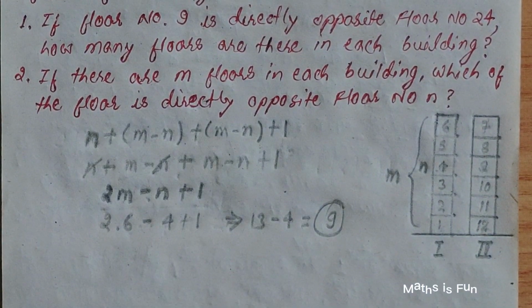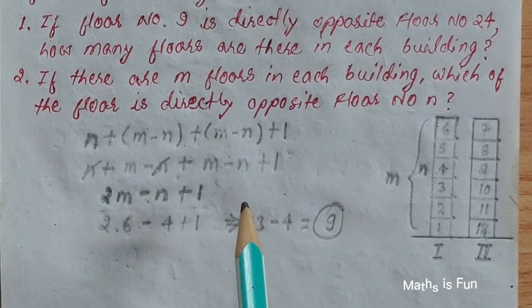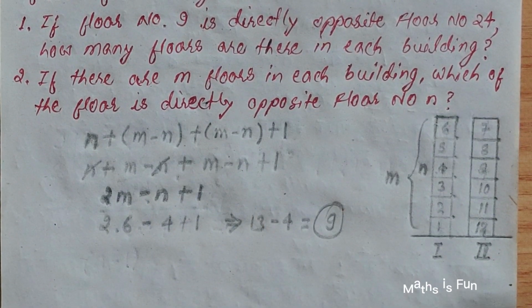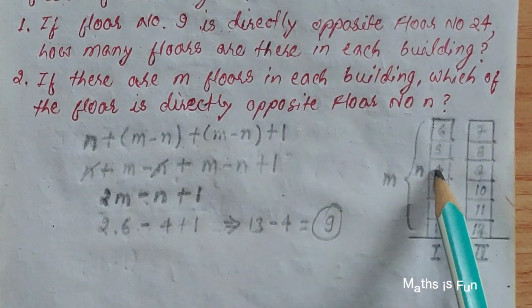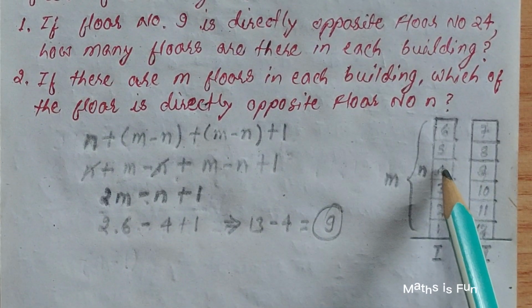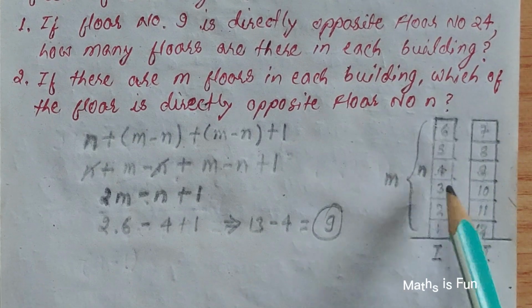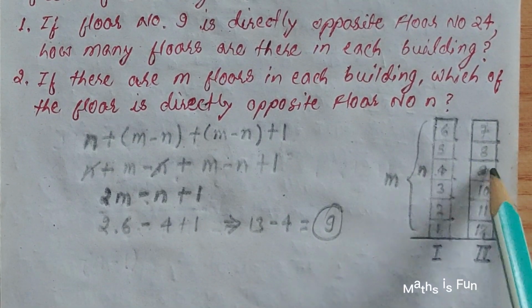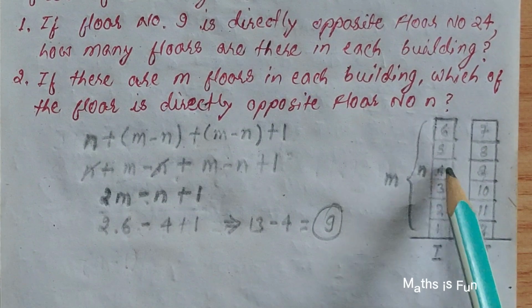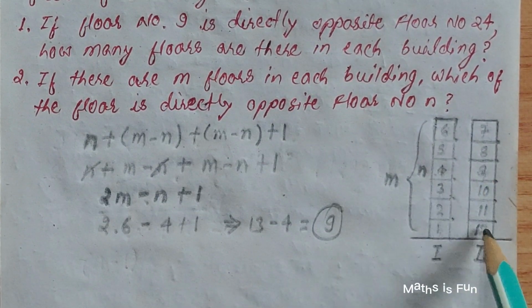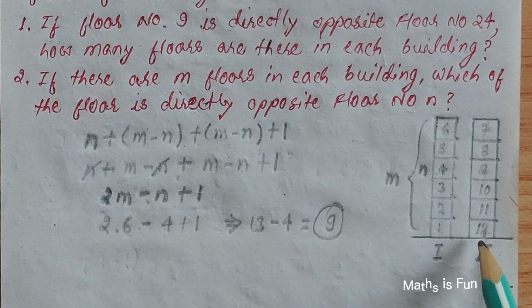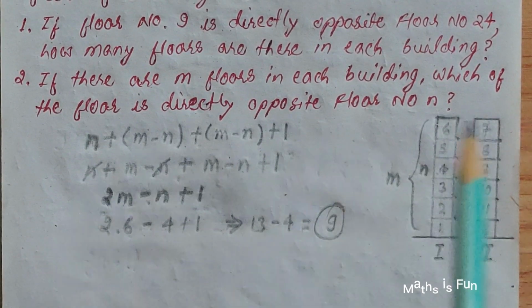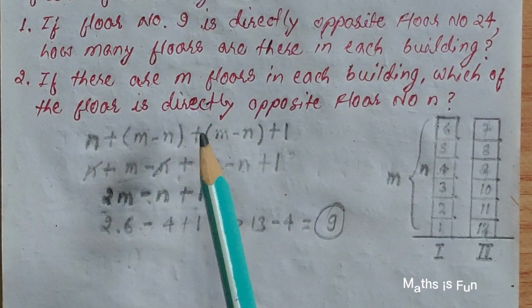Now we'll use our second logic. Let's use logic number 2 to solve question number 2. Our logic number 2 was that our reference floor is 4, and the number of floors just below 4 is 3 floors. So we added these 3 floors to the floor which is directly opposite to floor number 4, that is 9 plus 3 is 12. In this way we got the total number of floors in both these buildings, but the question asked in question number 2 is a little bit different.